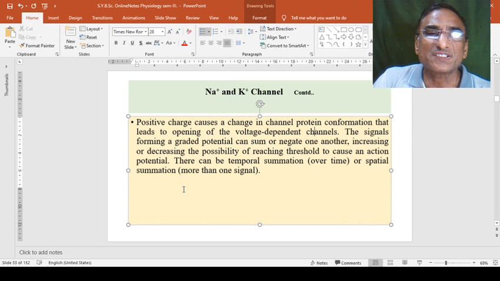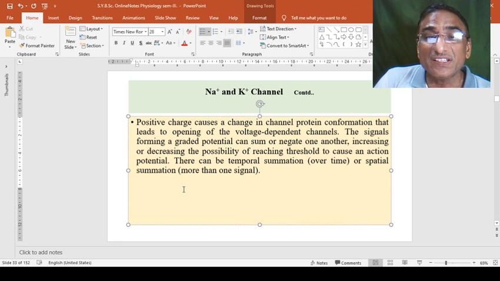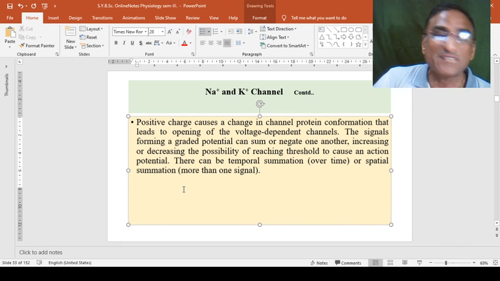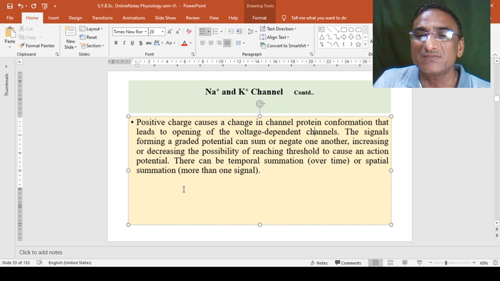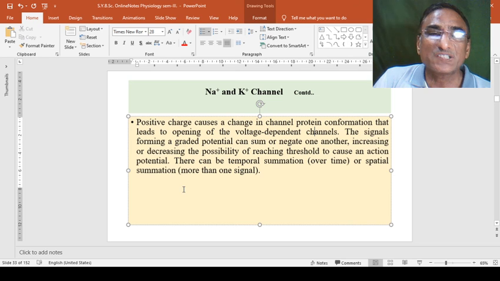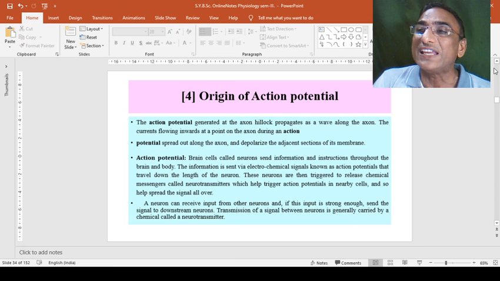The signals forming a graded potential can sum or negate one another, increasing or decreasing the possibility of reaching threshold to cause an action potential. There can be temporal summation or spatial summation if more than one signal is received by the cell.